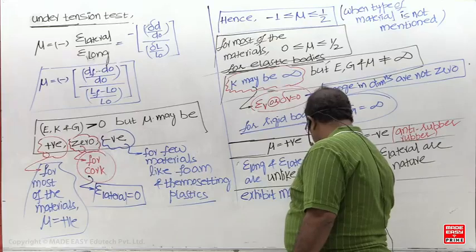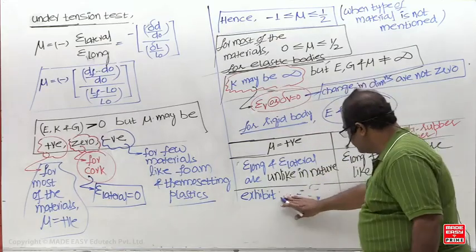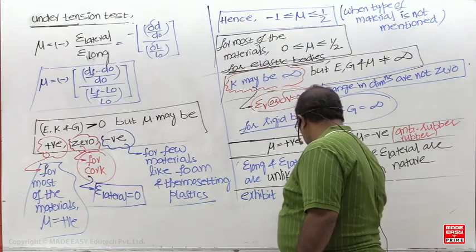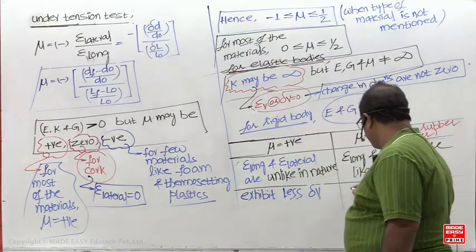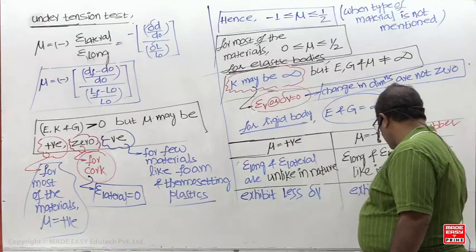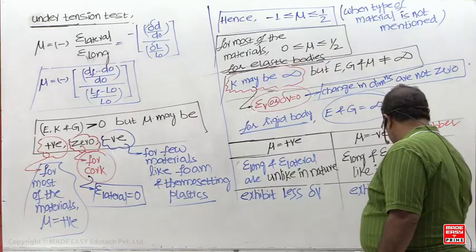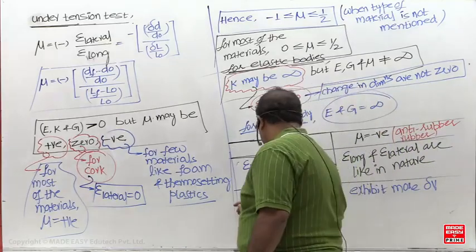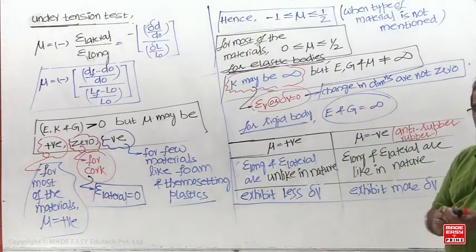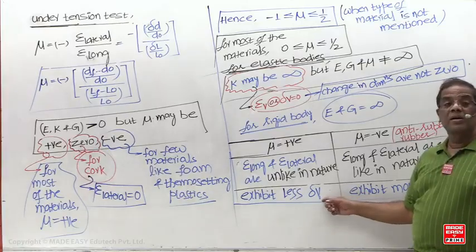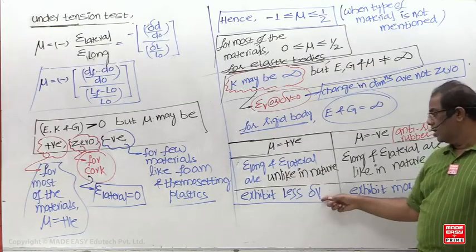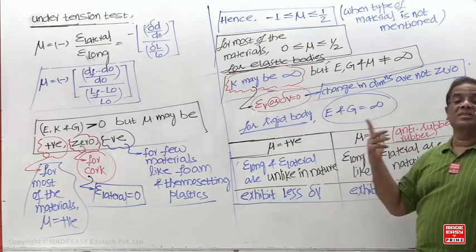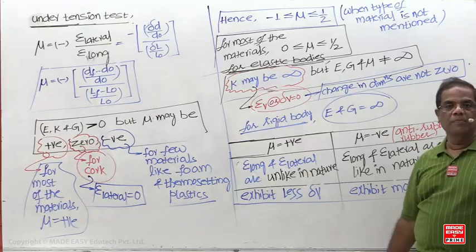More change in volume. Less change in volume. Or what you can call it, they will exhibit less change in volume, so they will exhibit the more resistance to change in volume.